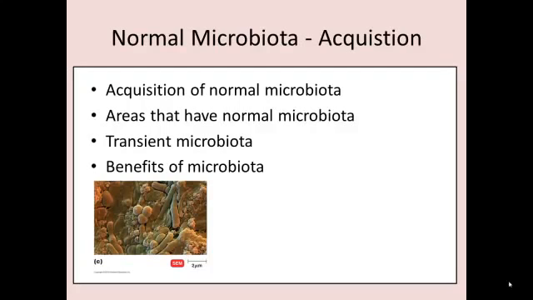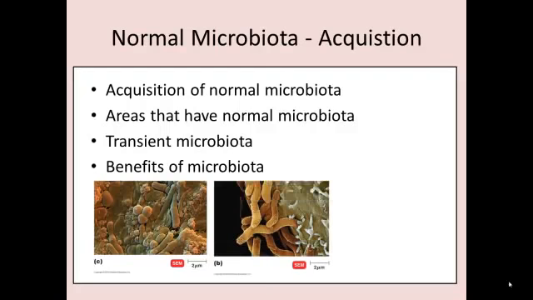Okay? So your skin's covered with microbiota, your gut's covered with microbiota. Now let's talk about your respiratory tract. As you breathe in air, microbes are going to come in. But you're set up that you try to keep the areas of your lower respiratory tract microbe-free.